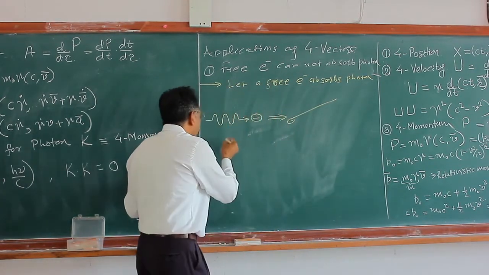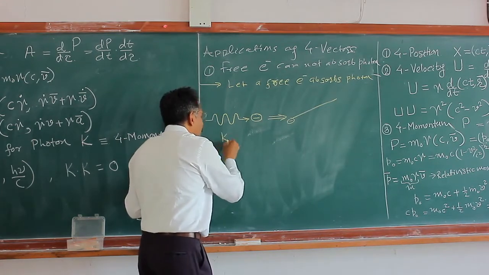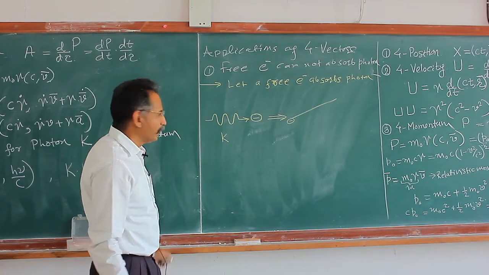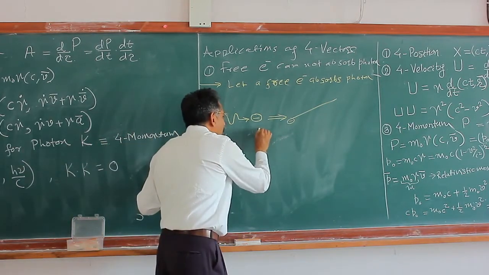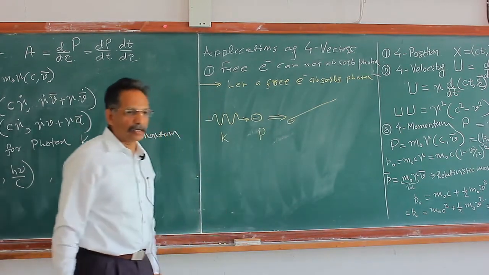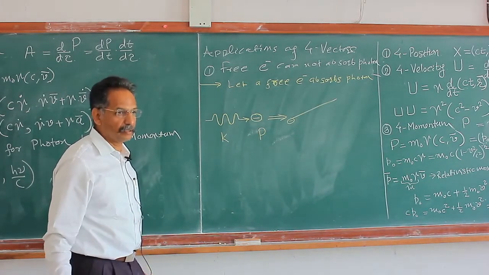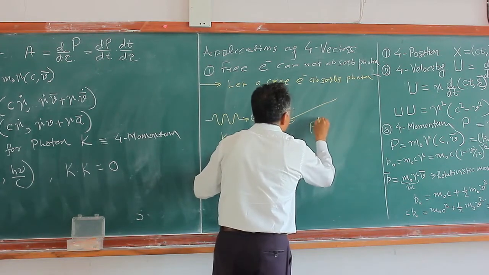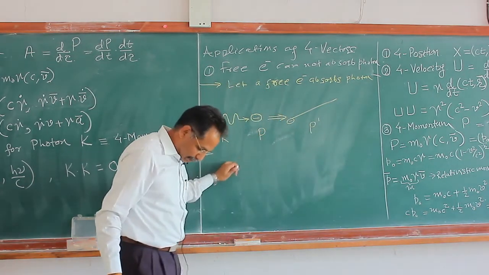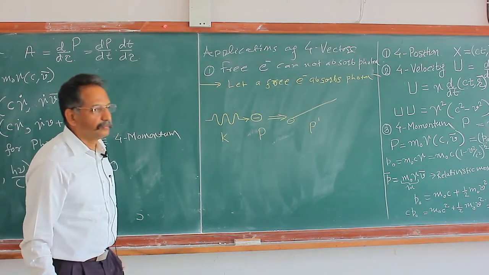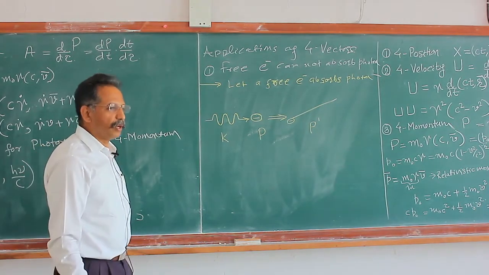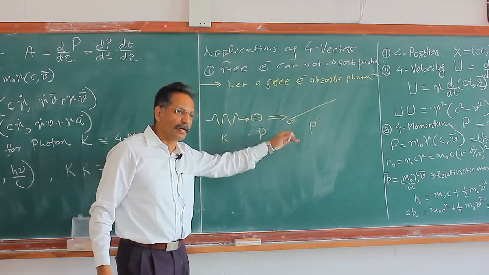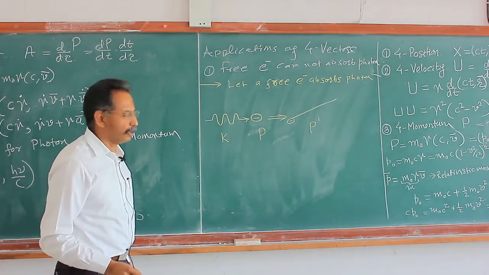So let us suppose that K is the momentum 4 vector of the photon, P is the momentum 4 vector of the electron which is at rest, and P dash is the momentum 4 vector of the electron after absorbing the photon.